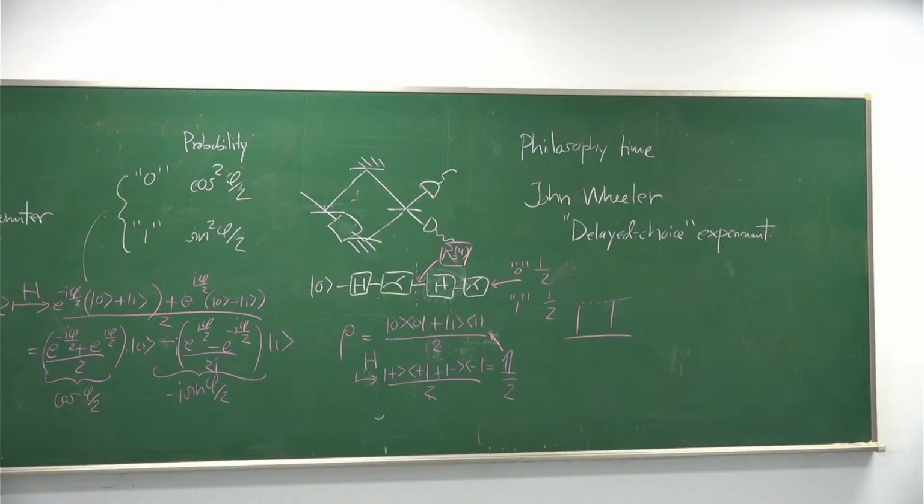If phi is 0, you just get a peak here, and the other way around, which is pi, because I already have over 2 in there, I just get this peak.